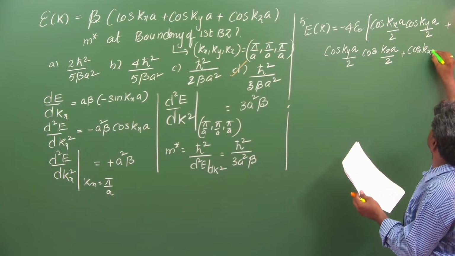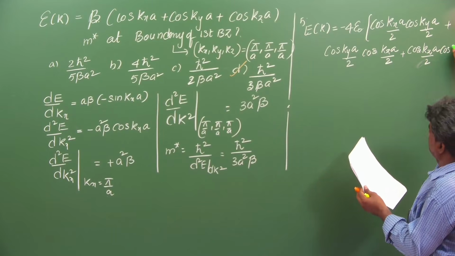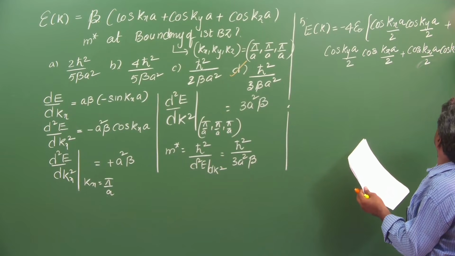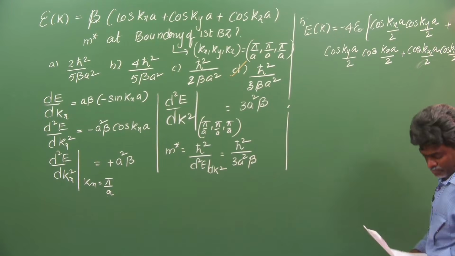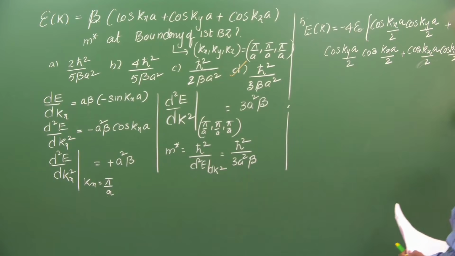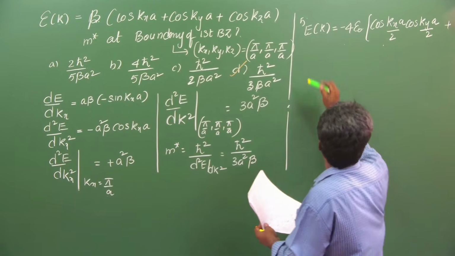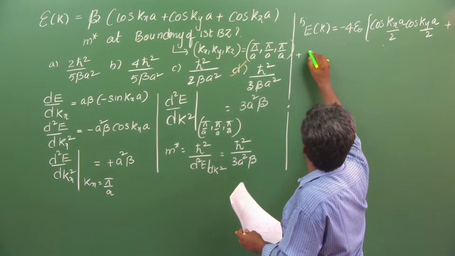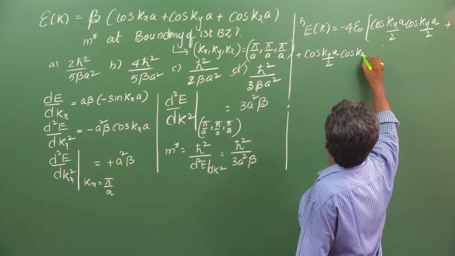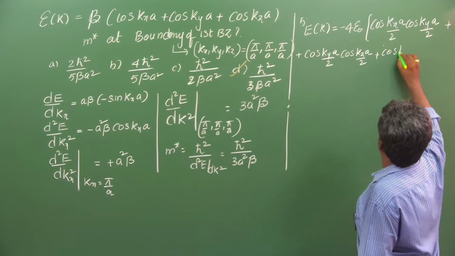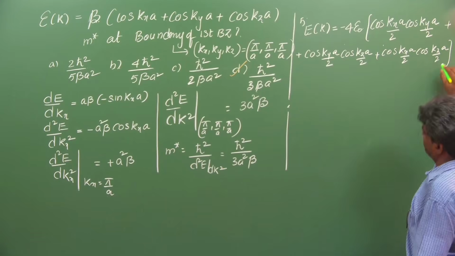Please see, easy. cos Kz A by 2 into cos Kx A by 2 into cos Ky A by 2 cos Kz A by 2 plus cos Kx A by 2 into cos Kz A by 2.